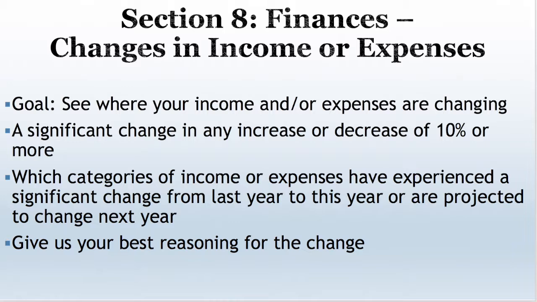We are just looking to see what you are experiencing in your finances. And if you do have any significant changes in any category, please identify the category and then give us your best explanation as to why that change occurred.